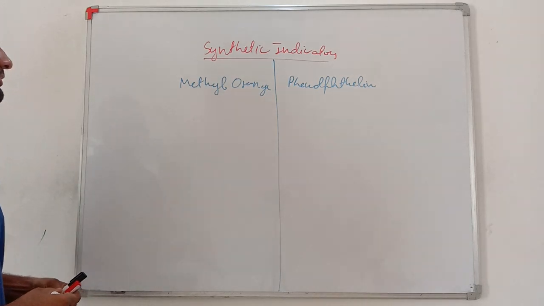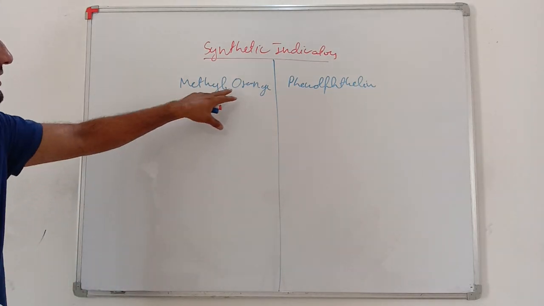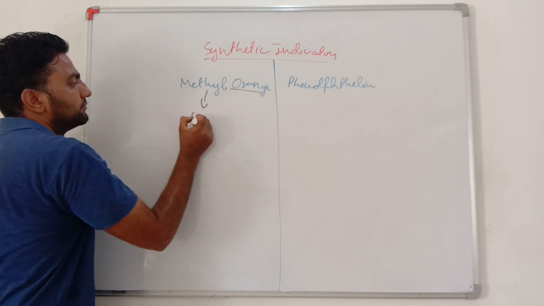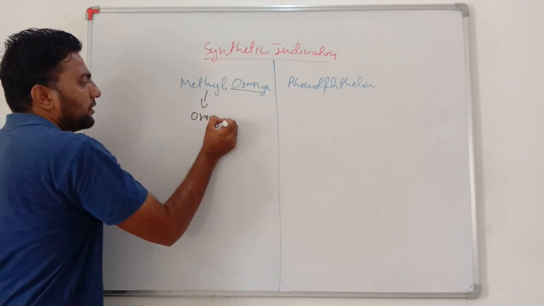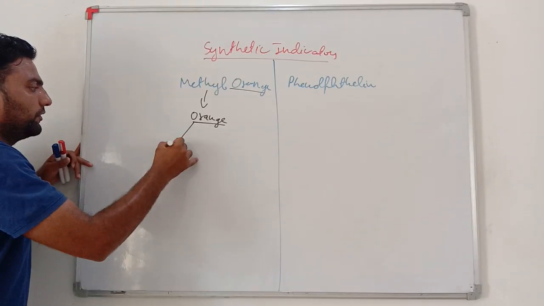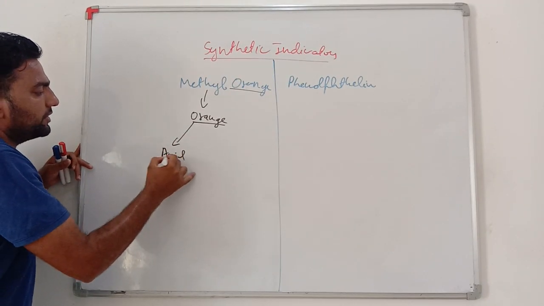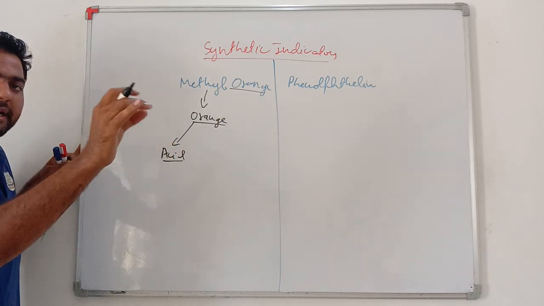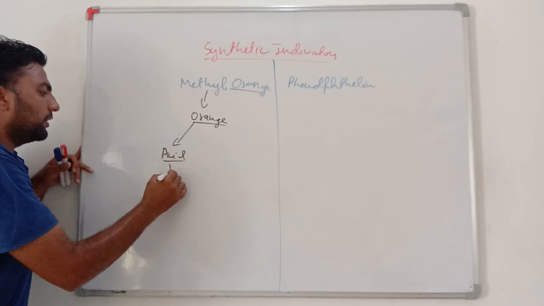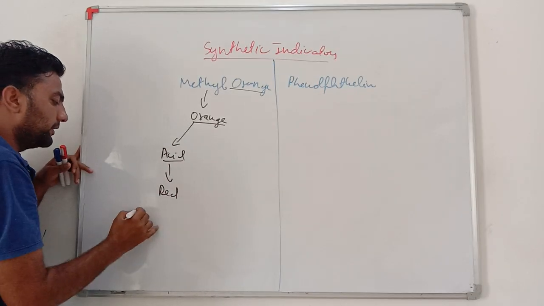See my dear student, methyl orange, from the name itself we can get that it is orange in color. Methyl orange solution is orange in color. Very important, if acid is added to this methyl orange, then the orange color converts into red.